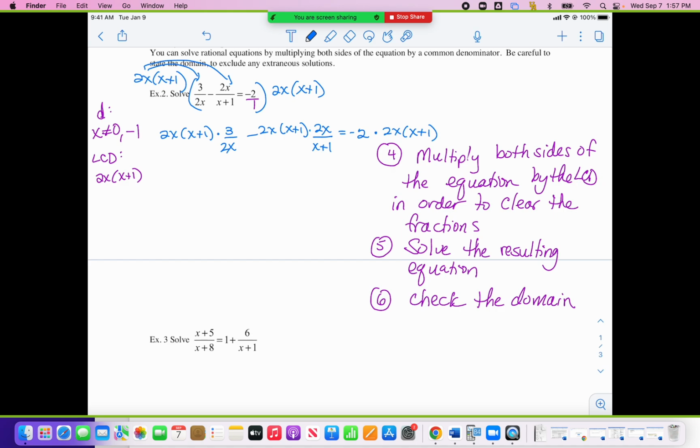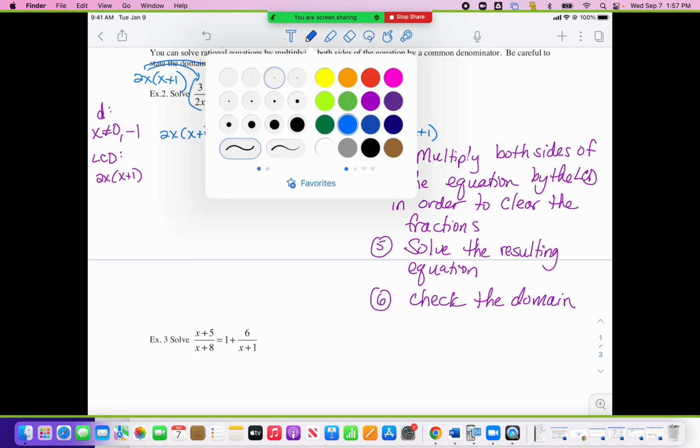So what I've done is I'm in step 4, and I'm multiplying both sides of the equation by the LCD in order to clear the fractions. So watch what's going to happen.